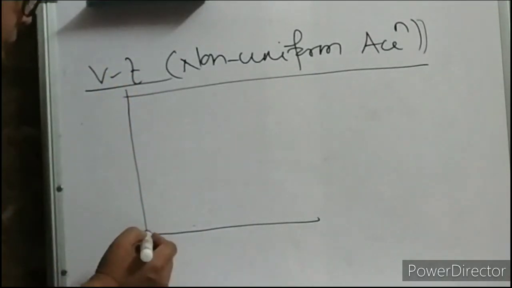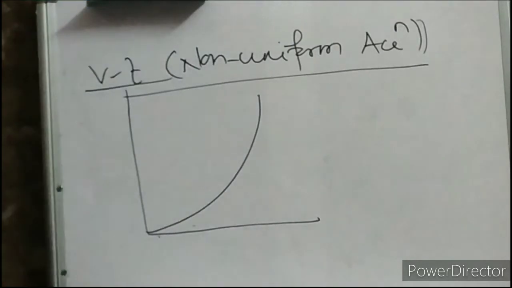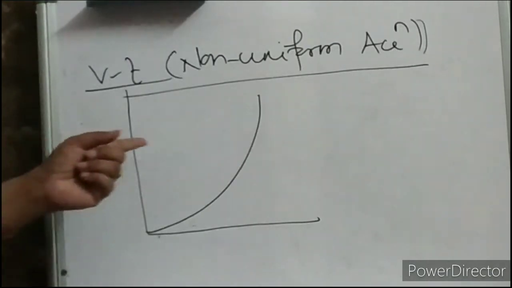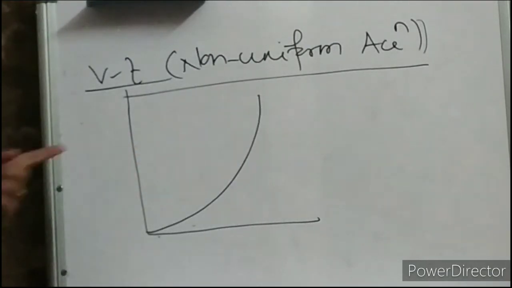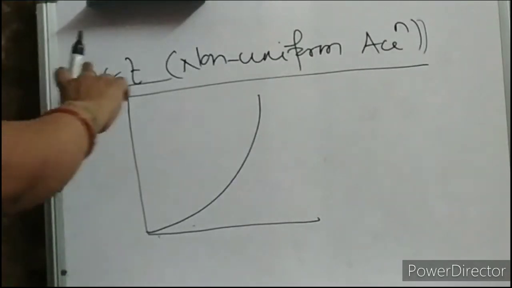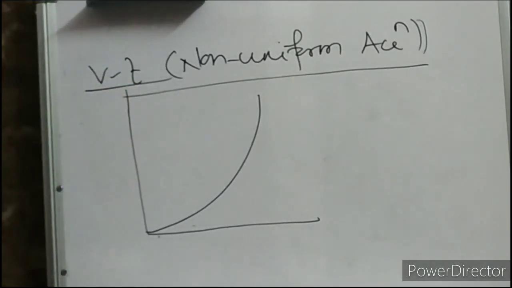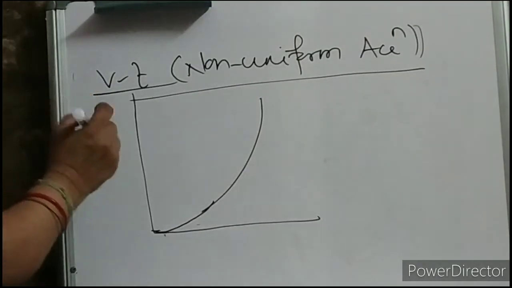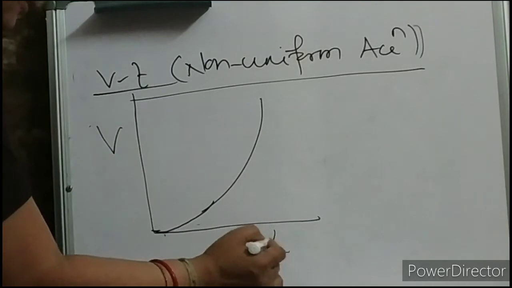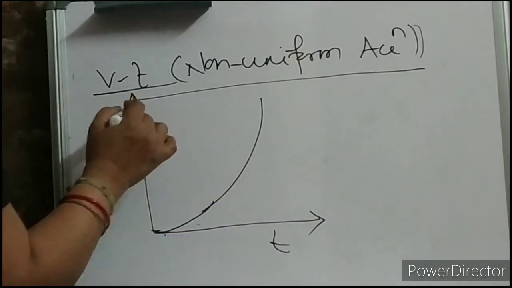So we are going to get the curve, non-linear curve, not the linear curve. Okay. So this is a curved line. So in the case of this VT graph, non-uniform acceleration, this is a curved line. So this is the VT graph for non-uniform motion.